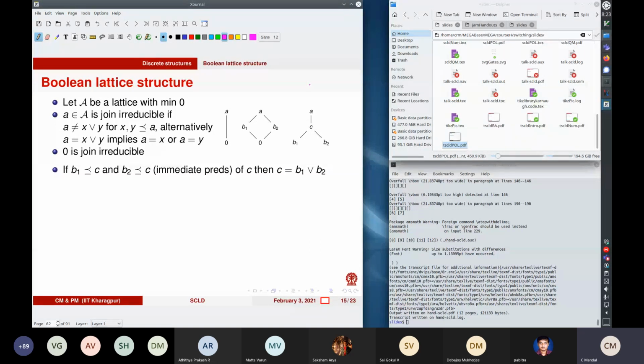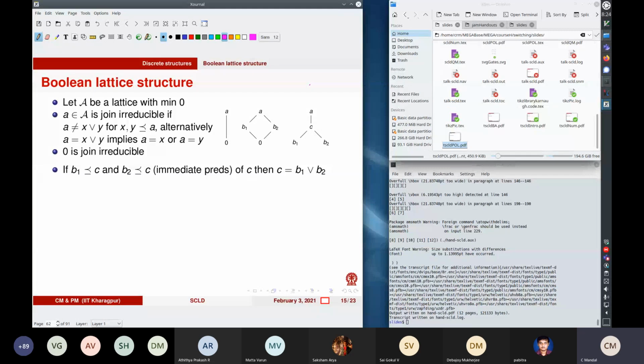Now we consider what is meant by an element being join irreducible. When we say that an element is join irreducible, what we simply mean is that you cannot express that element as the join of two other elements. Or, what should I say, you cannot express an element as a non-trivial join of two elements. Alright.